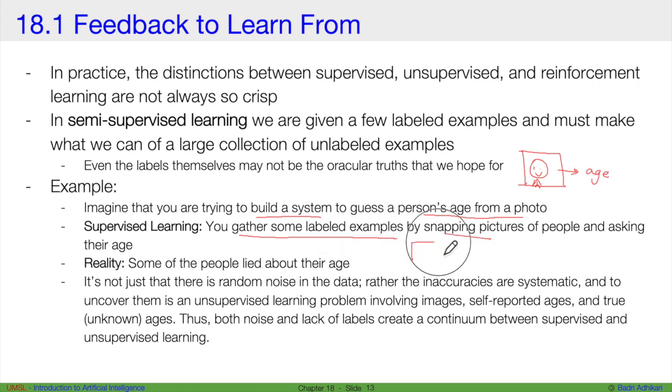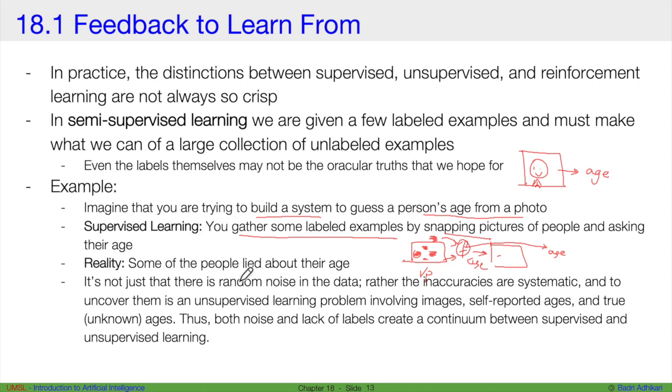So you have all the pictures as your inputs, and then you have ages as your output labels. You try to learn a function that maps these pictures to the ages, so that when you feed a new image to this function, it can predict the age for that person. So supervised learning is pretty easy.